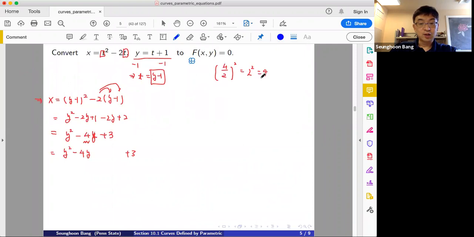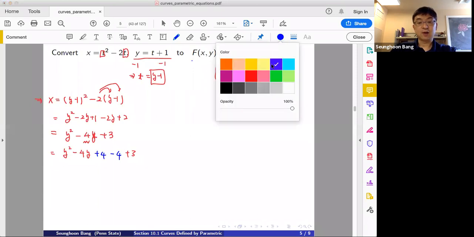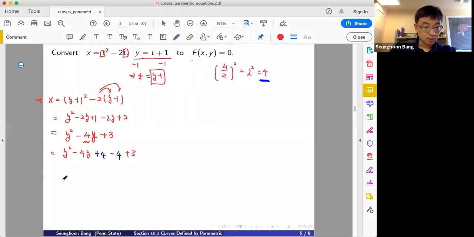You just add 4 and subtract 4. This is the idea. The next step is to simplify. The first 3 terms become (y minus 2) squared. The remaining part, minus 4 plus 3, is minus 1. So we have one equation: x equals (y minus 2) squared minus 1.